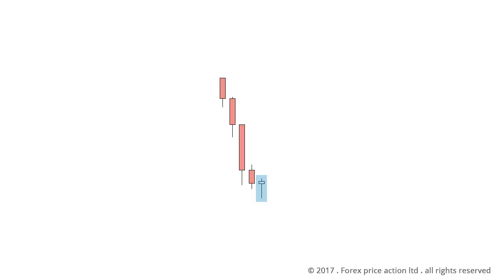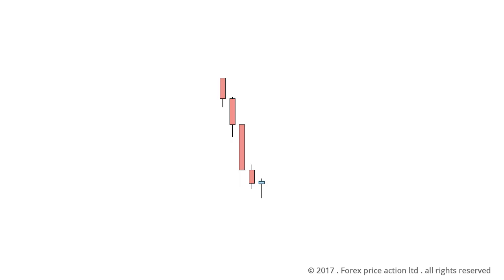So what does the second half of this candle tell us? Well, the lower wick shows us that at the start of this candle's life, sellers pushed price down. The upper wick is small, so buyers closed near their high. The body shows us that buyers closed above the open price, so they had control of price at the end of this candle's life. This is a very nice reversal candle.